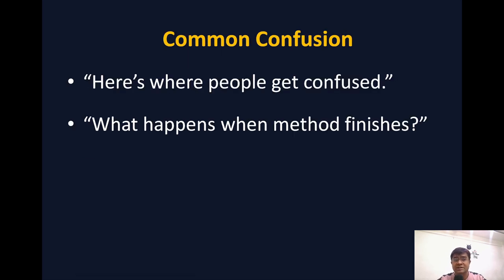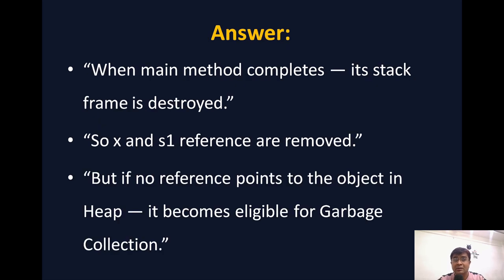Here's the common confusion. Most people get confused about what happens when the method finishes. The answer is that when the main method completes, its stack frame is destroyed, so s1 and x are removed.